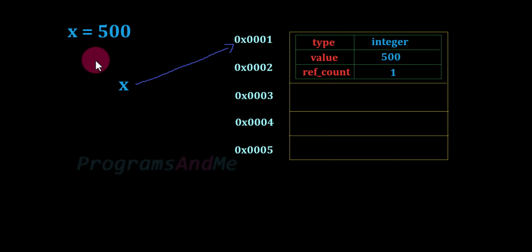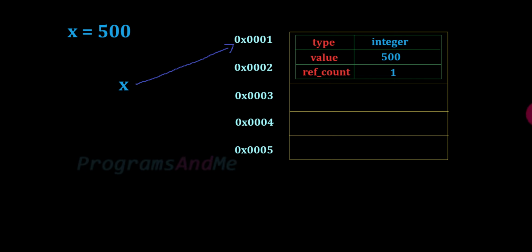That is why the reference count is 1. So when a variable is created, first Python will create an object, and the type of that object will be set to integer because 500 is an integer value here. The value is set to 500, and x, a name, is created and points to the object, and then the reference count is set to 1.